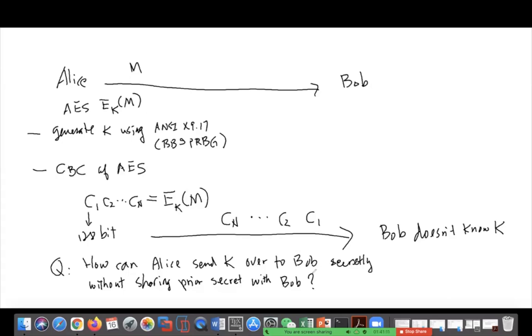Alice needs to send K over to Bob secretly, and Alice doesn't share any prior secret with Bob that can be used to encrypt this K.